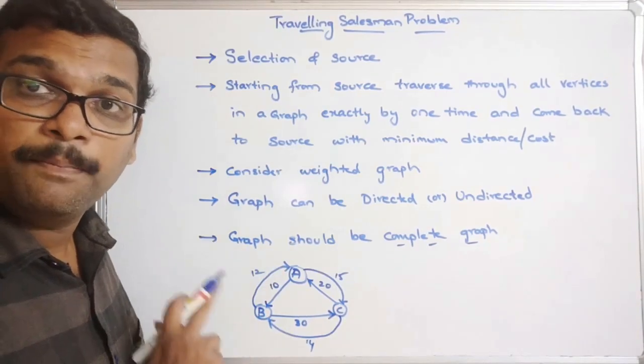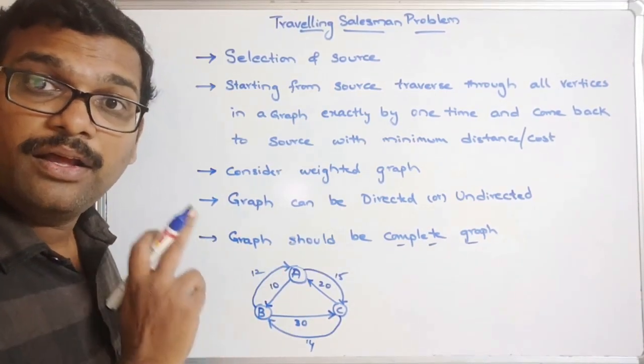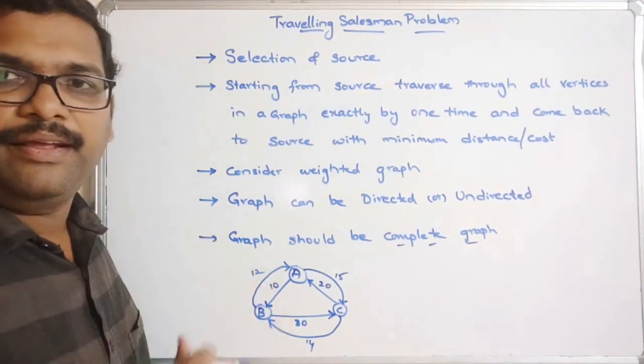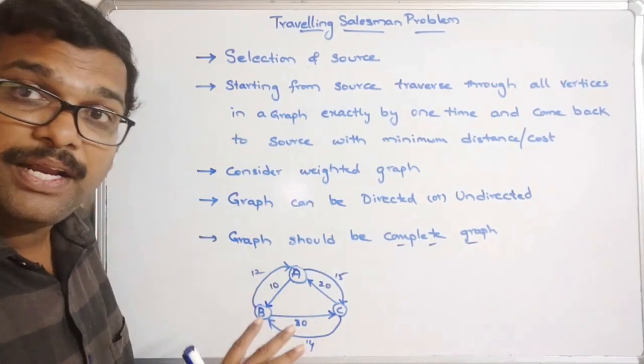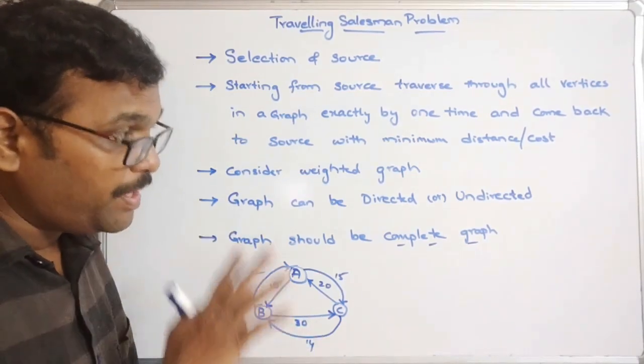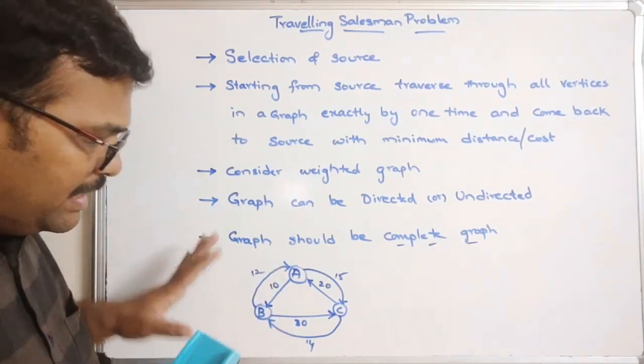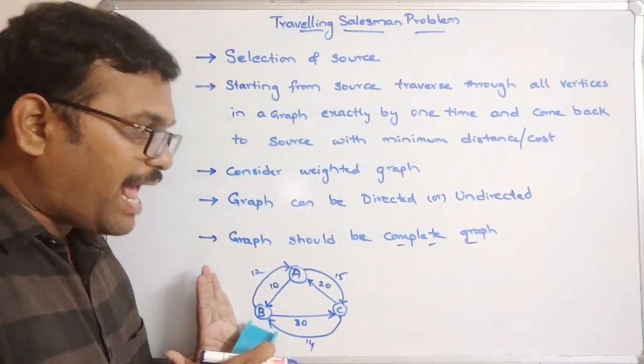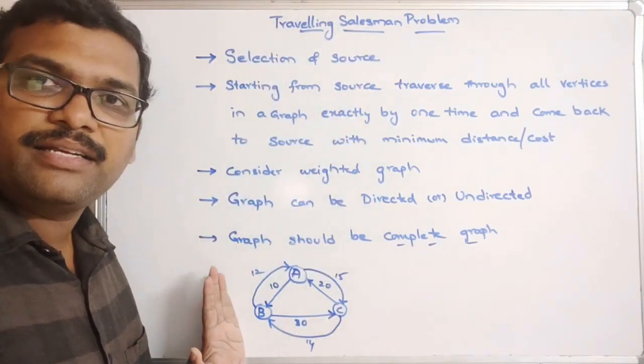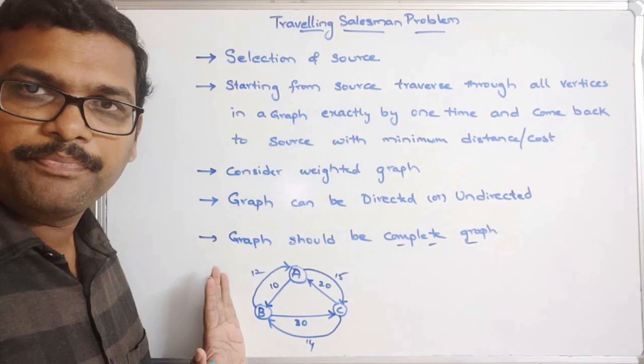Complete directed weighted graph. So in such types of graphs, we can apply the traveling salesman problem.